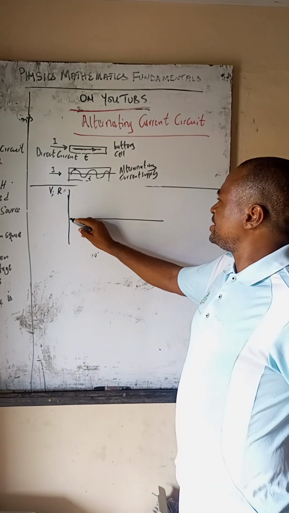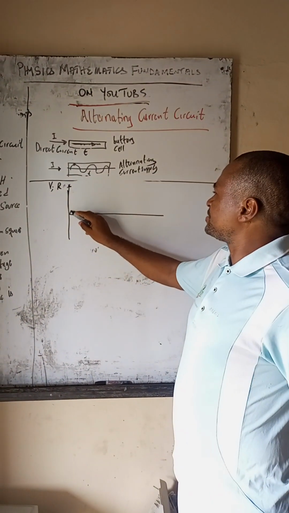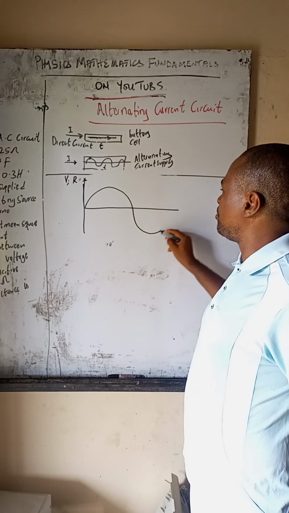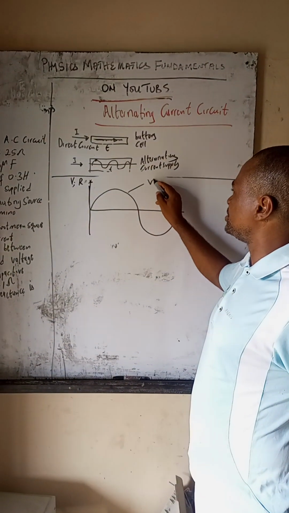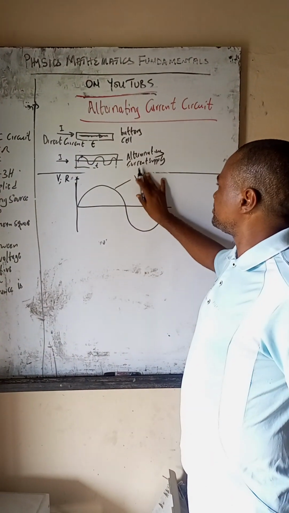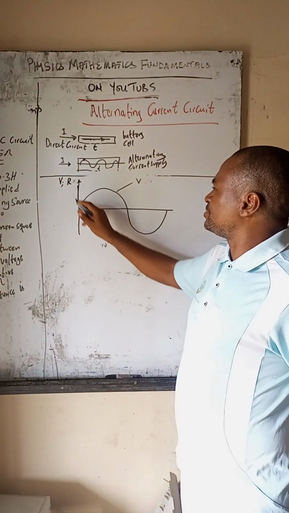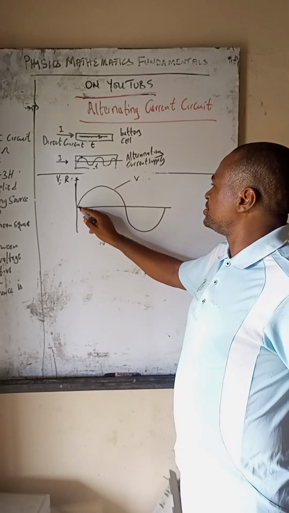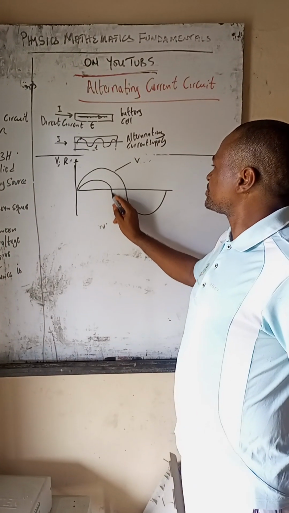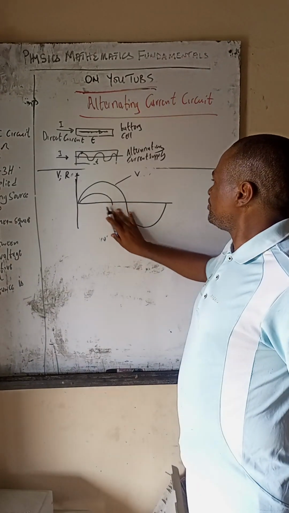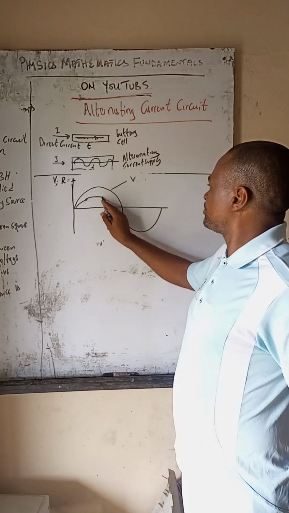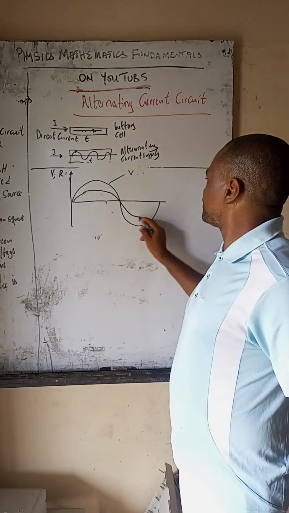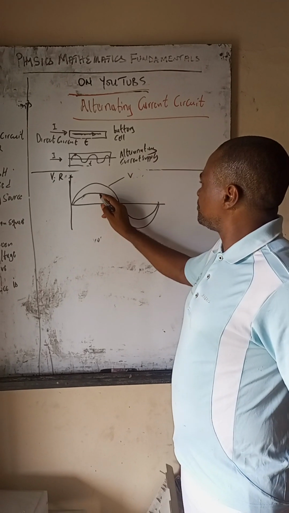Let's say this sinusoidal curve stands for the voltage V. Then for the resistor, we have something of this nature.